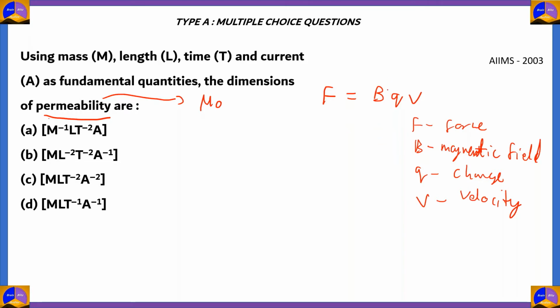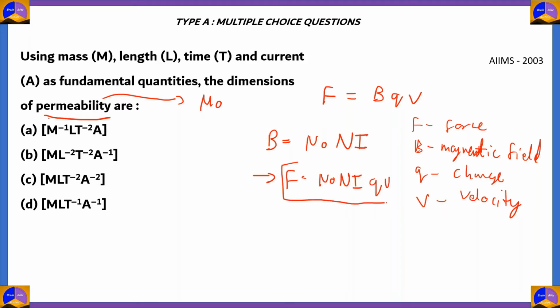But there is no mu naught in this term. How do you put mu naught into this term? So B, magnetic field density, is given as mu naught Ni. So therefore, we can write force as mu naught Ni QV. So this is our formula that we'll be using.